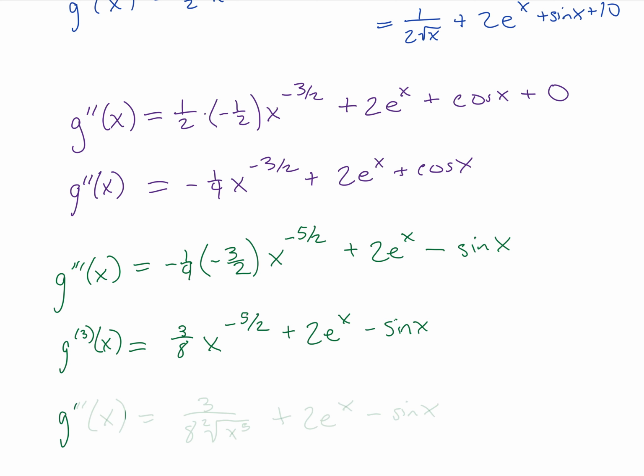We could also write it as 3 over 8 times the square root of x to the fifth. So that negative flips it down into the denominator. The fifth is just the exponent, and if we have a fractional exponent, the value in the denominator is really a root. So we can write it like that, plus 2e to the x minus sine of x.